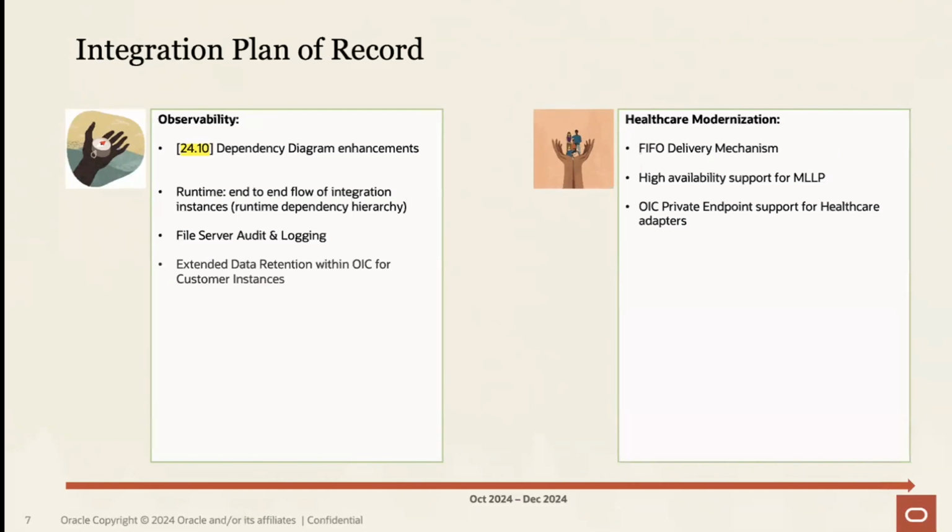We also are working on private endpoint support for healthcare adapters. Now, this is important from the perspective of trying to integrate or access applications that would need a secure connectivity channel from OIC into wherever they are deployed.